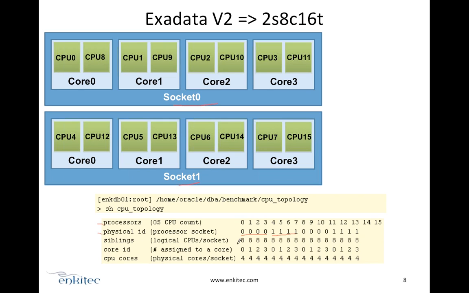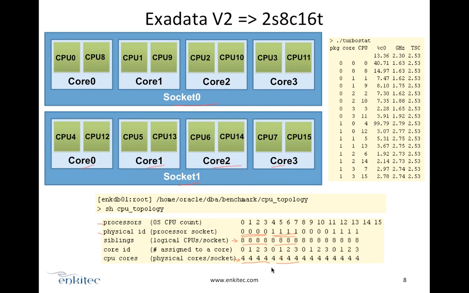For the siblings, you've got the logical CPUs per socket. Here I've got socket 0 with 8 threads and socket 1 with 8 threads, which totals 16, right? The core ID is just the core ID numbering across the cores, and the CPU cores is the number of cores that you have per socket.